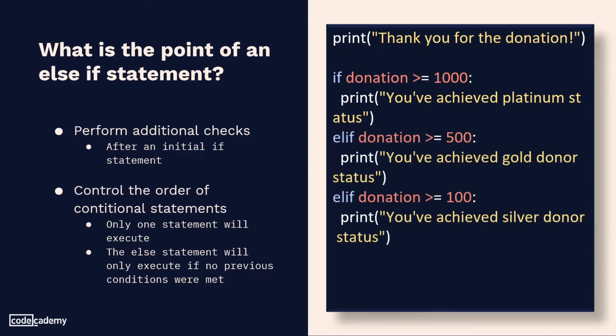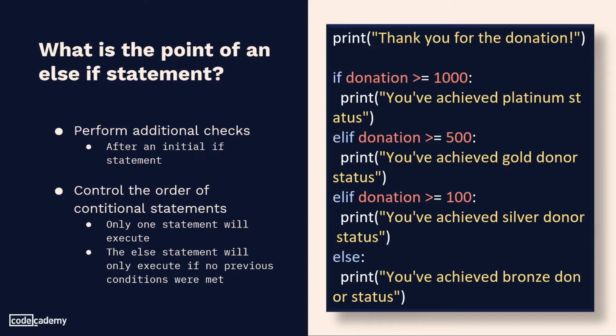Instead, say we wanted to create 3 levels of messages for donations of 1,000, 500, and 100. We could do so using else-if statements. Here we have 2 else-if statements which check for different donation amounts. Finally, there's an else statement which will print a message about the bronze donor status. This message will only be printed if none of the previous conditions were met.